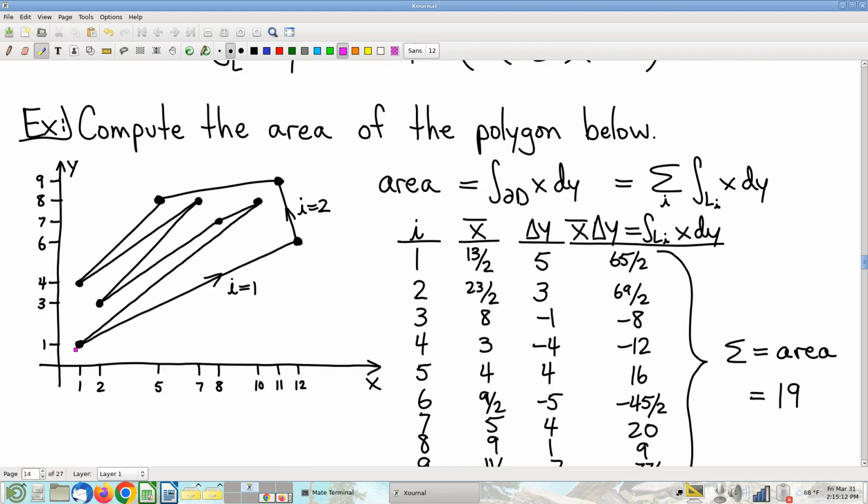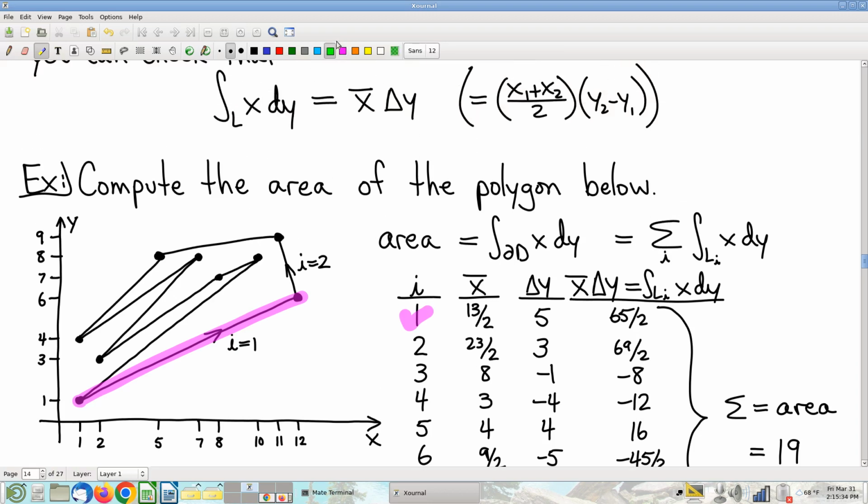Right? Each one of the sides, each one of the segments, if you will, of the boundary of this horrifying shape is a straight line segment. And so on each one of these pieces, so this being, say, edge 1, I can look at, what is the average value of x? I'm going to look at the two endpoints.